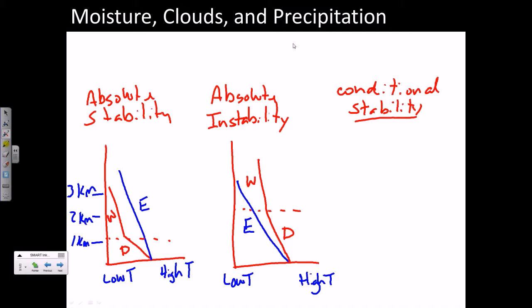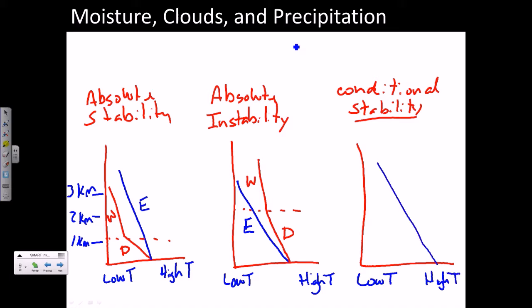But when this whole process of vertical lifting starts, we've got low T and we've got high T here. And so I'll draw the environmental lapse rate here first. So there's E for environmental, and then we'll do the dry rate, which sits right on top of it, and then at some point it flips off.